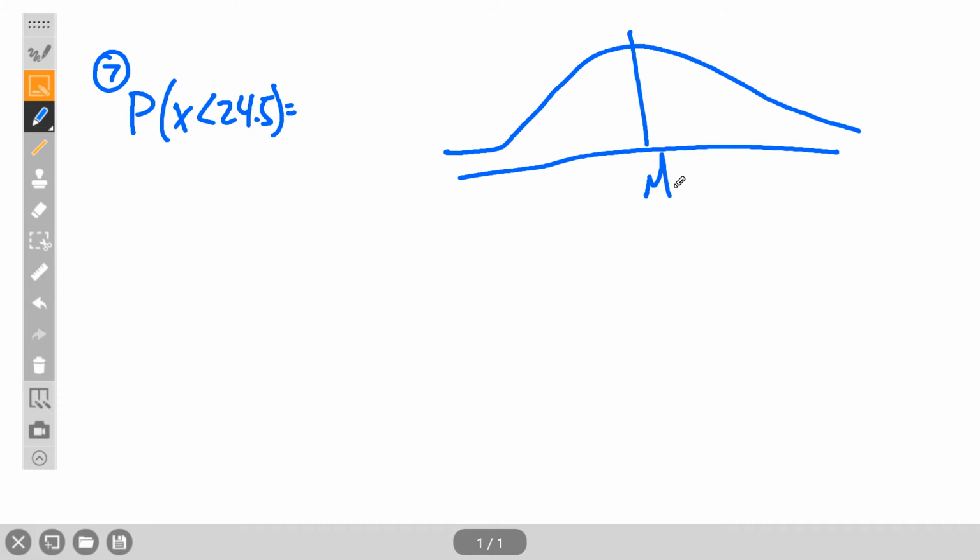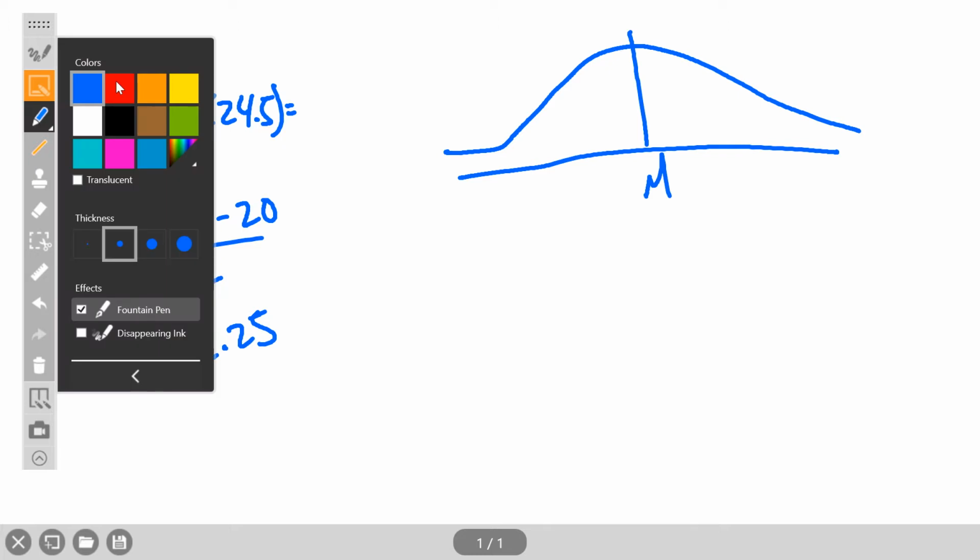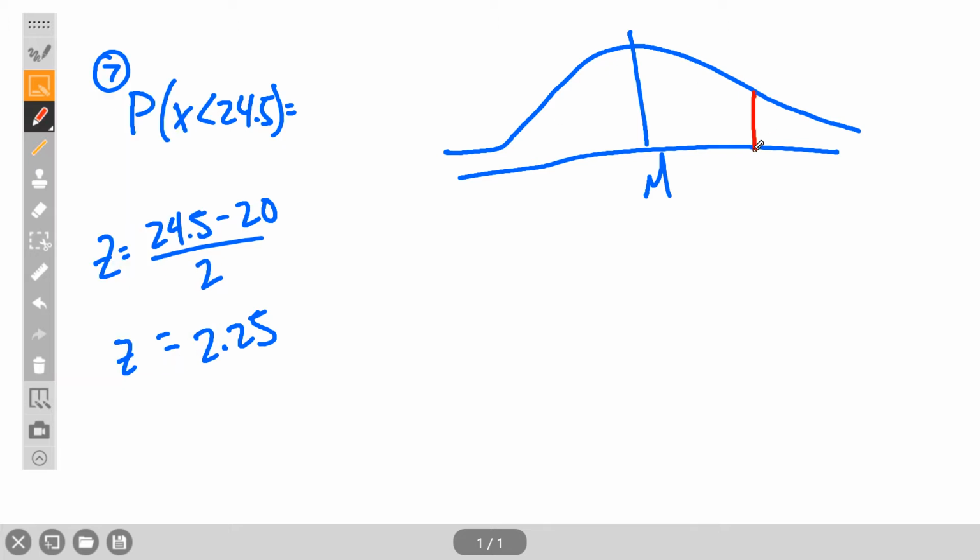I just need to know what I'm looking at here. Okay, so my z-score, x minus mu over sigma, 24.5 minus 20 divided by 2, 2.25. So this value is 2.25 standard deviations above the mean.